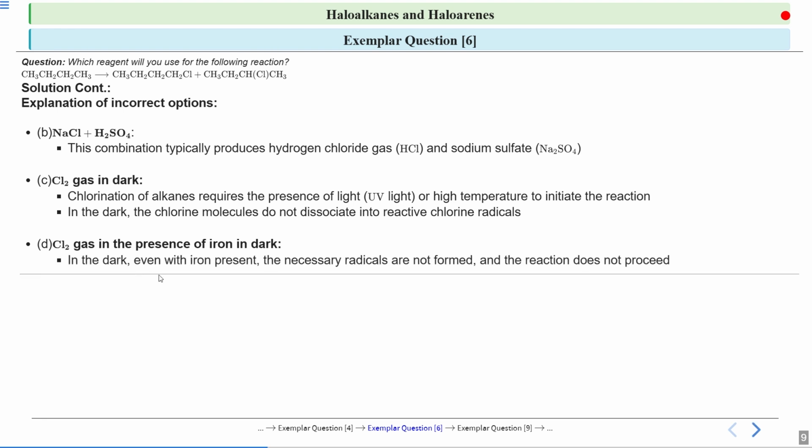Because in the dark condition, even if iron is present as another catalyst, the necessary radicals will not form and the reaction will not proceed. So this dark condition we don't need. We need UV light, the presence of light or high temperature, for the reaction to proceed. That's why your correct answer is option A, chlorine gas along with the presence of UV light.